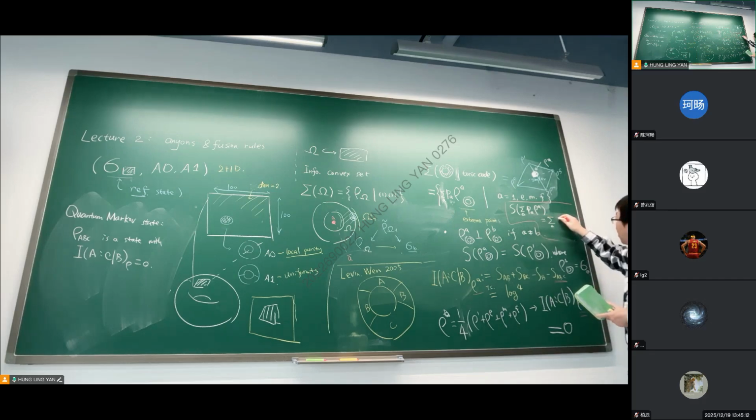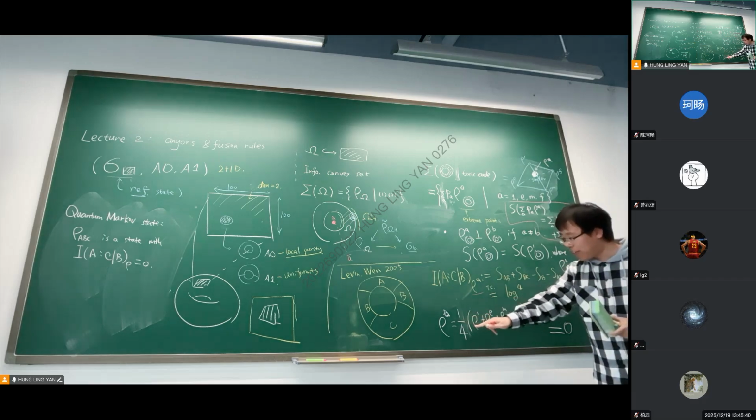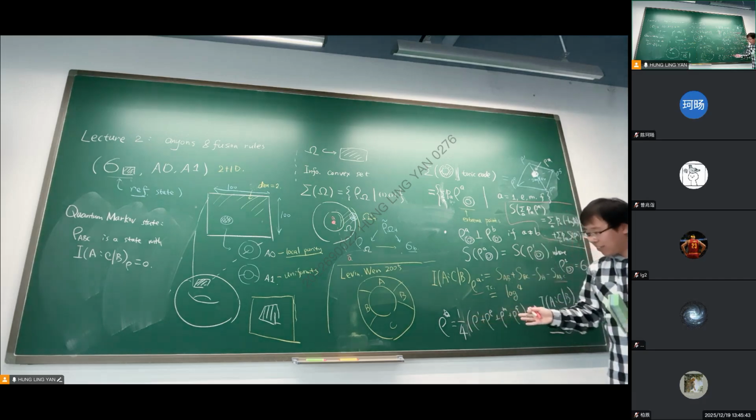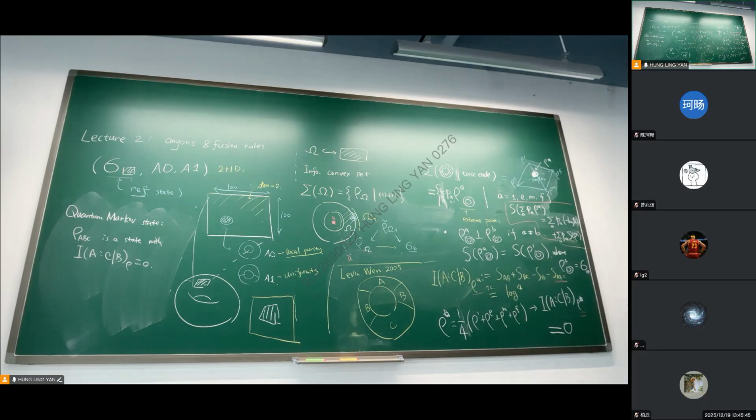Then we have the sum of probability times the entropy of each, minus the sum of p_A log p_A. Only when the states are orthogonal do you have this formula. And then you can try to maximize over the probability, and you find the equal probability for this case will give you the maximal entropy.